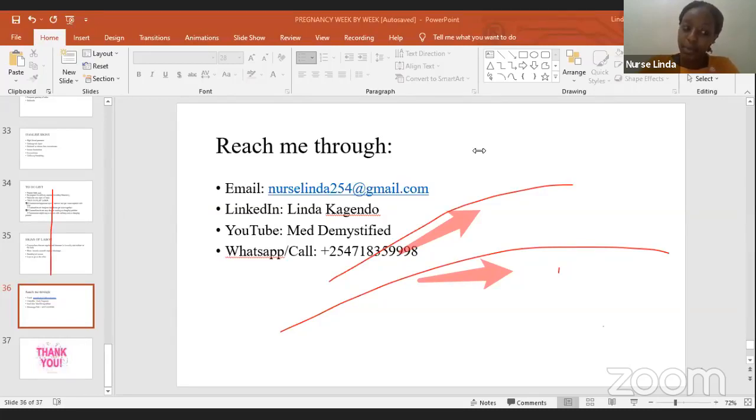Okay. From Judy, what's the color of amniotic fluid if it breaks? Does it vary? How would one know the baby has pooped? Normally, amniotic fluid is straw colored, a bit off-white.